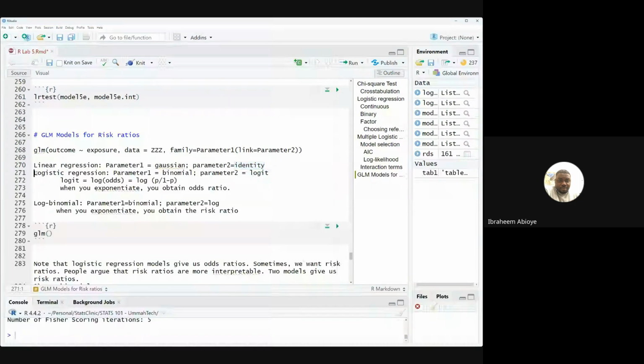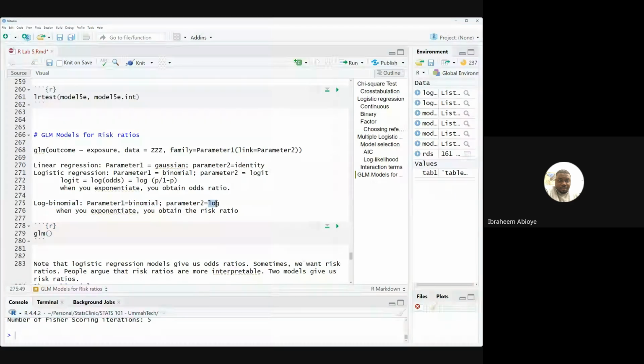In logistic regression, parameter 1 is binomial. We're basically saying to R that the variable is a 0 or 1 variable, and we're asking it to provide us the logit, which is the logarithm of the odds. And when you exponentiate, we obtain the odds ratio. For log binomial, parameter 1 is binomial, parameter 2 is log.